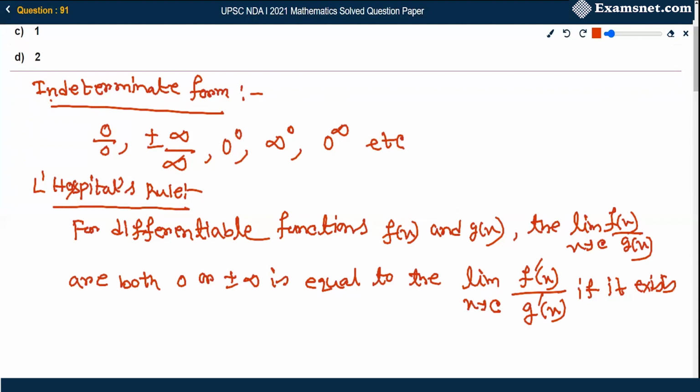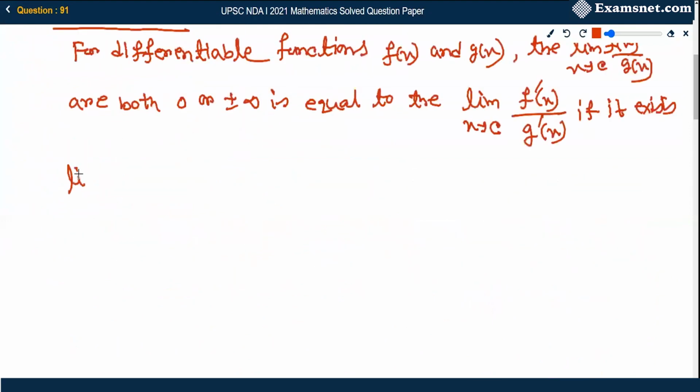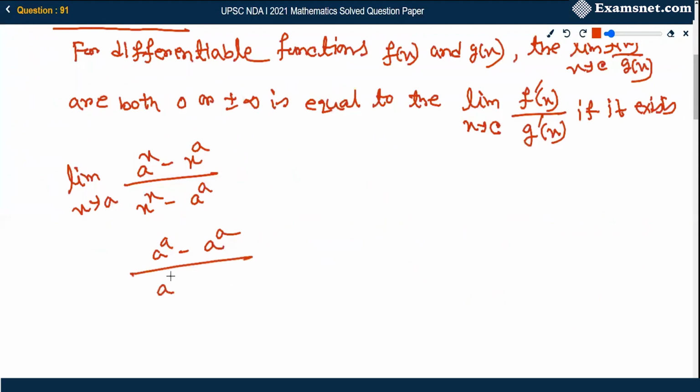So here the given expression, let me write it first. Limit x tends to a of (a to the power x minus x to the power a) by (x to the power x minus a to the power a). Let's check. Here a to the power a minus a to the power a by a to the power a minus a to the power a. Yes, it's in indeterminate form since this gives 0 by 0.